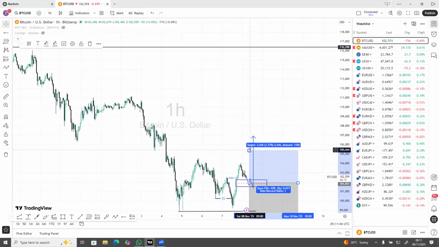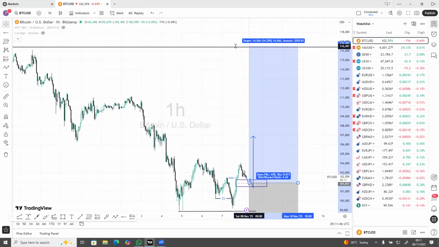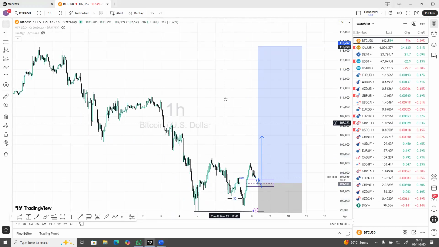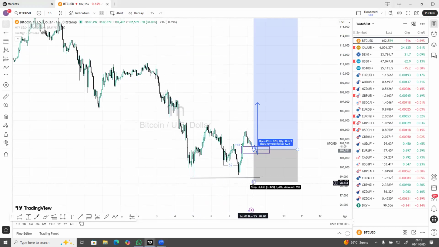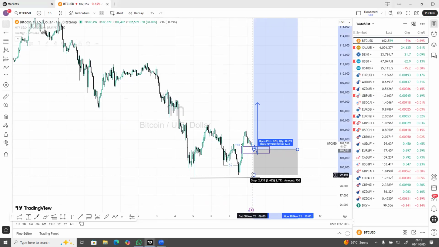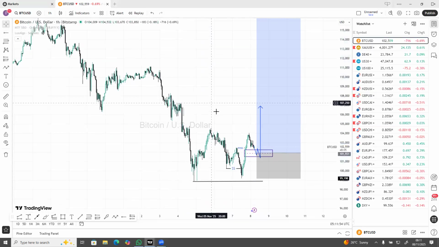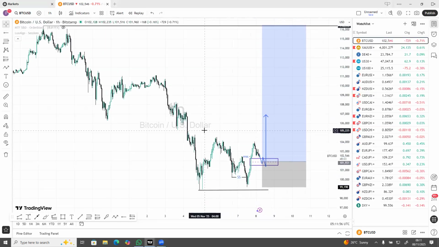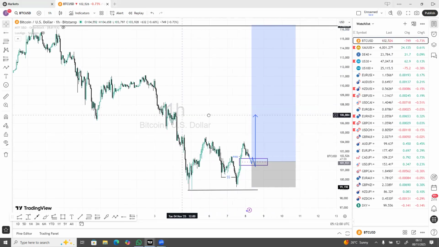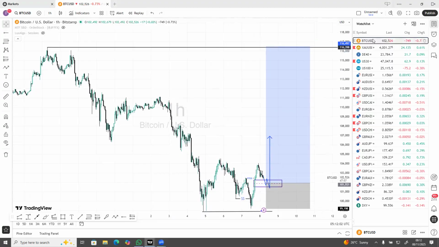So wait for confirmation, execute a buy, and that will be our take profit target. A stop loss will be on that previous low. Okay, that is BTC USD.